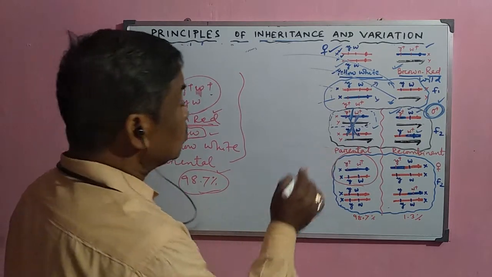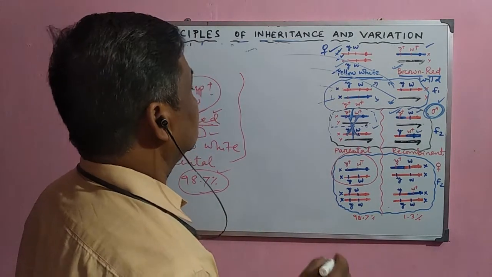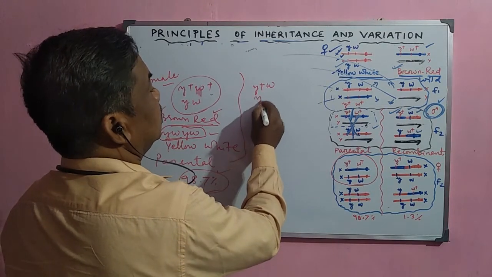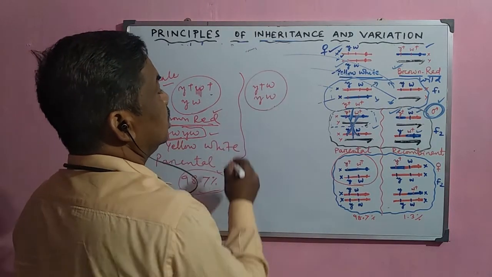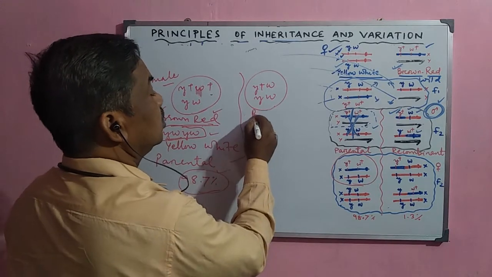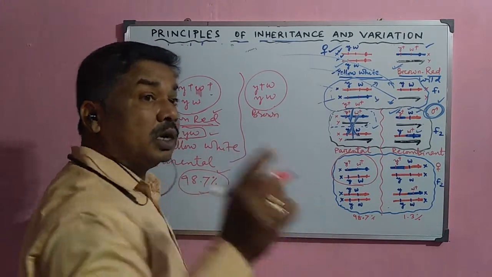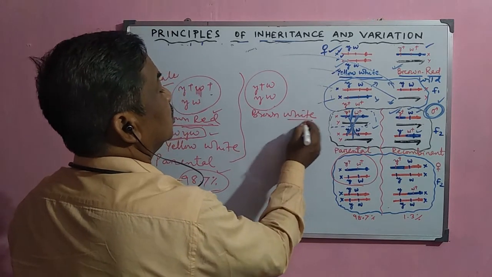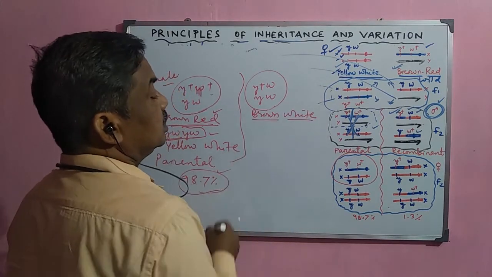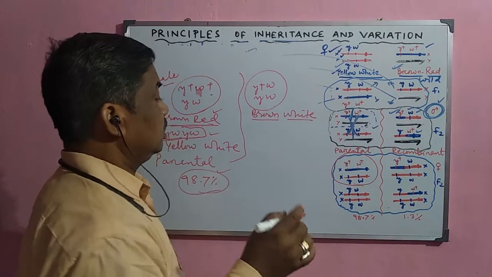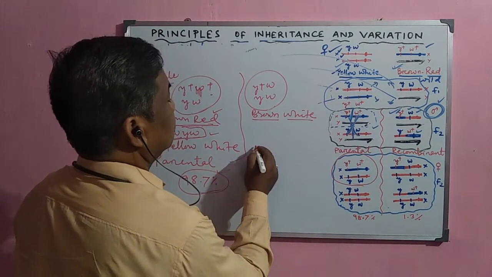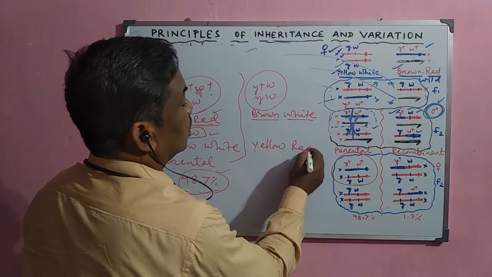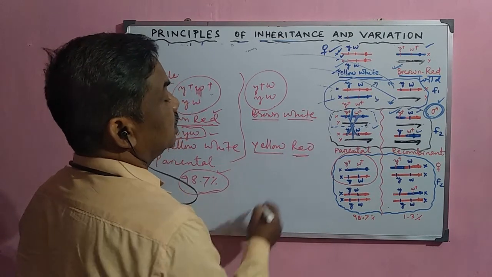Now the new combination also observed here, that is your Y plus W and YW. So here what happened? Brown body color and having white eye color. So this brown white, these are recombinant ones, and another that is your yellow body color and red eye.